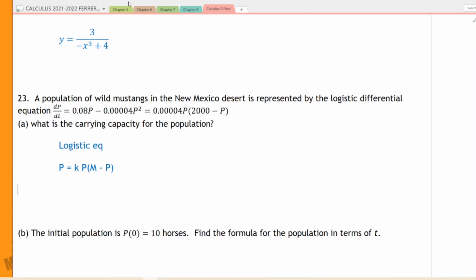If we remember, the logistic equation is dP/dt equals kP multiplied by M minus P, where M is the carrying capacity.